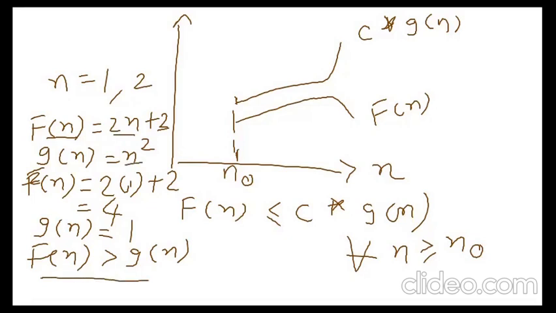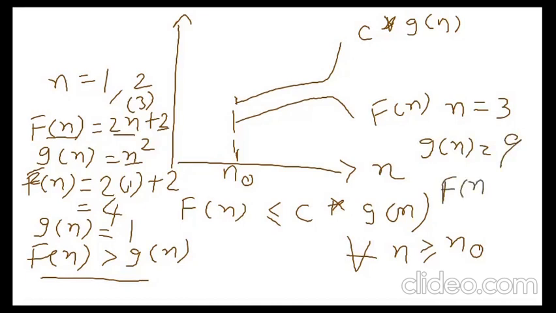Now if I take n equal to 3, then 2 into 3 plus 2, that means 8. So f of n is 8, and g of n is 3 squared, that is 9. So in this case f of n less than g of n is true. So we can conclude that for n greater than 2, we obtain f of n less than g of n.